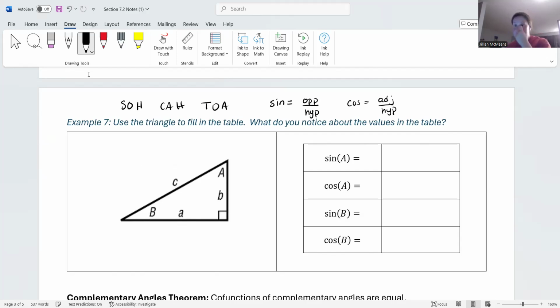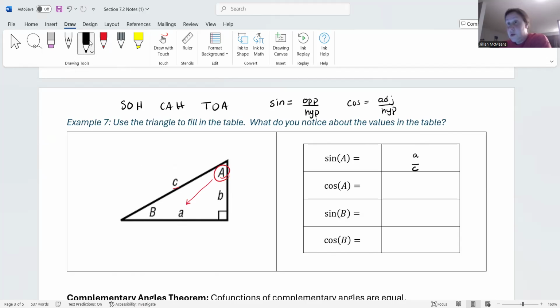So let's look at sine of A. We're dealing with this red circled angle. When we're dealing with sine of A, the opposite side is side A, lowercase a. And we know that the hypotenuse is C. So sine of big A is going to equal little a over c.